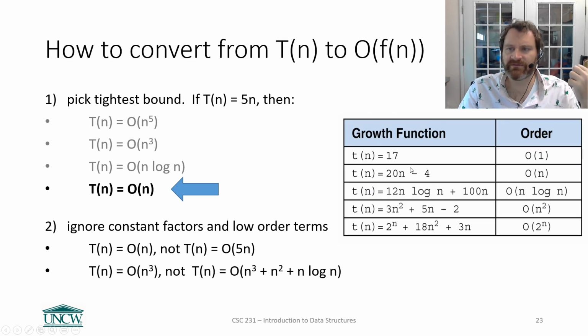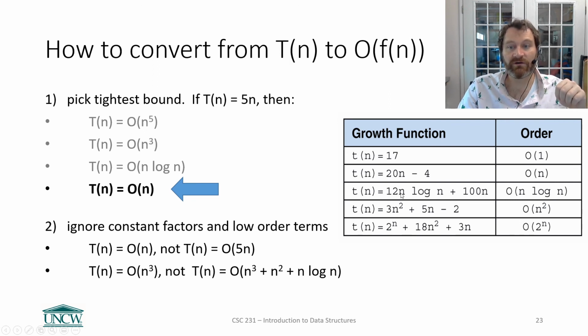Here are some more examples. If t of n is 17, you say it is order 1. That's just a rule: if t of n is a number, you say order 1. If t of n is 20n minus 4, we don't care about constant factors. Forget the 20. The thing that dominates here is the n, so big O of n.